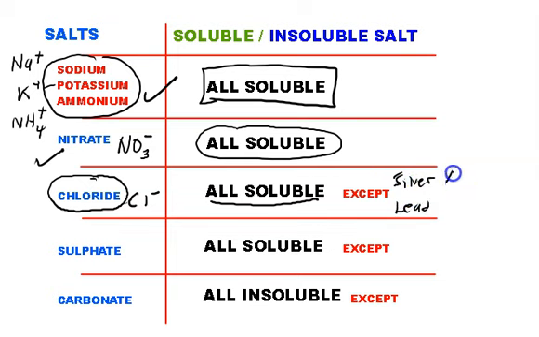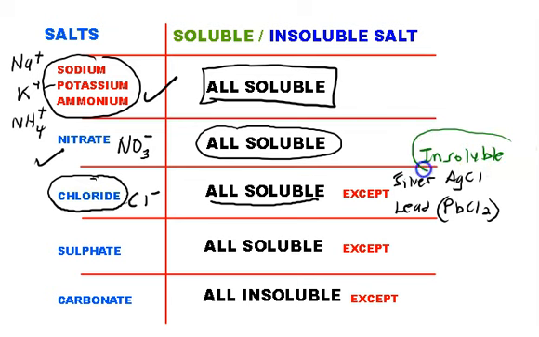Silver is Ag, so if I combine it with chloride, it will become AgCl. And we also have lead 2, plumbum. If you have silver and also lead chloride, this is insoluble.